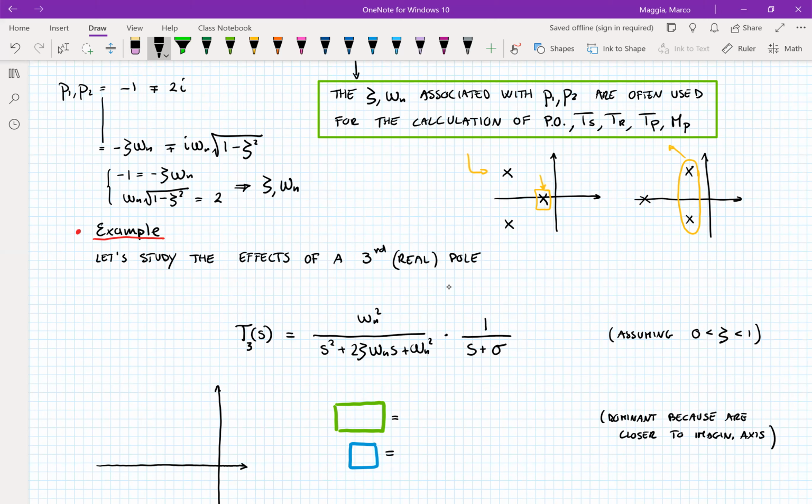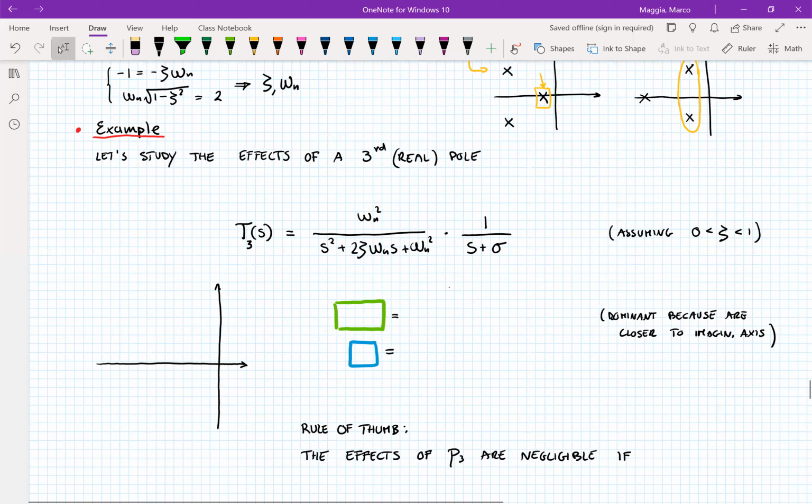Okay, so now we want to know whether or not this third order system can be approximated, or if its behavior can be approximated with the behavior of a second order system. You cannot really approximate a third order with a second order, but the behavior, or that is the output, might be similar.